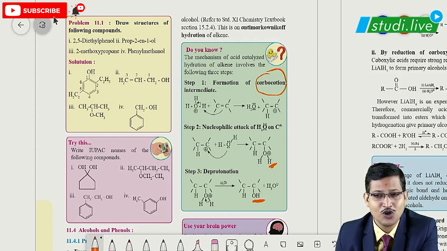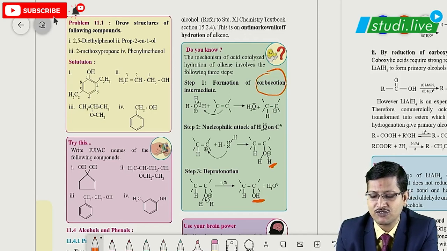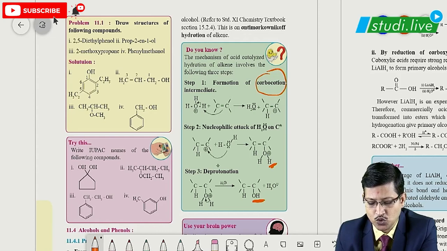That's how the alcohol OH formation takes place. This is a simple mechanism to understand: the formation of carbocation as the first step, nucleophilic attack of water as the second step, and deprotonation reaction as the third step. This is how you will have step 1, step 2 and step 3 of the mechanism.